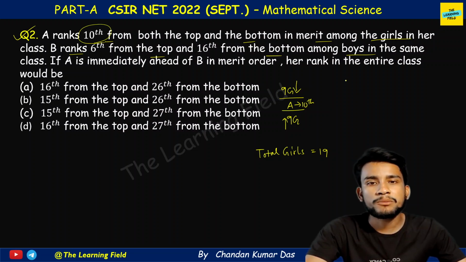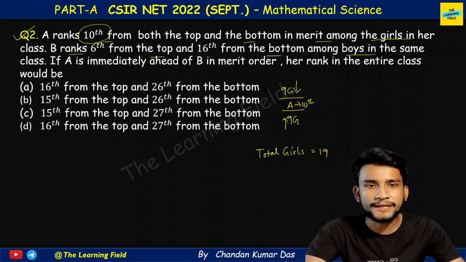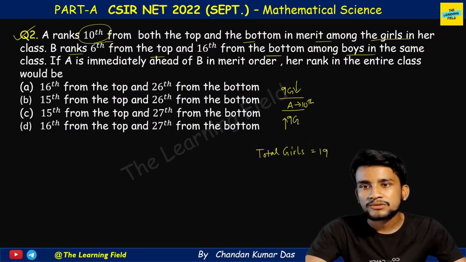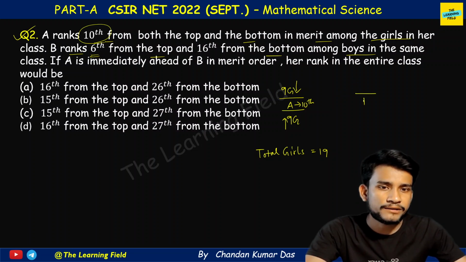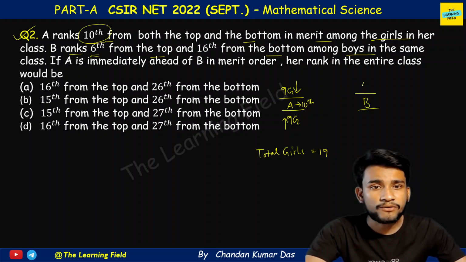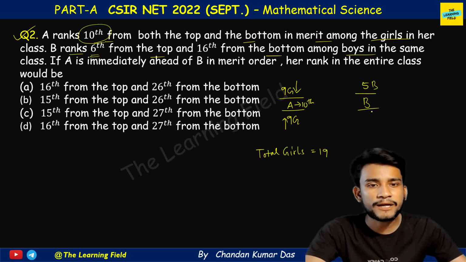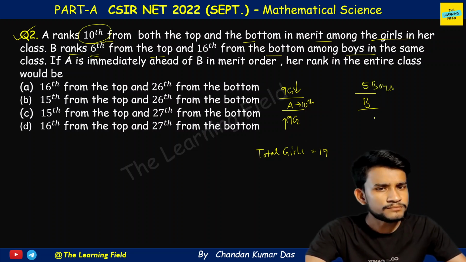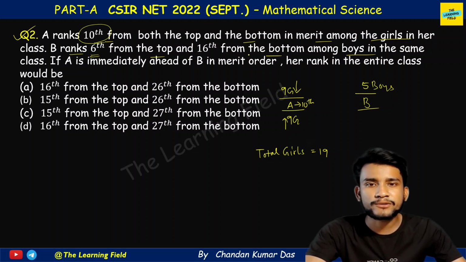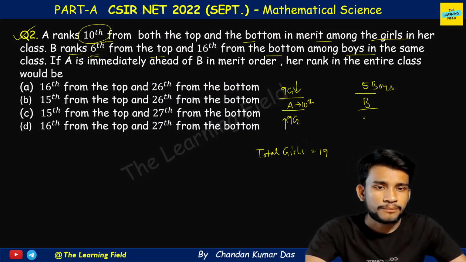Now if we see the rank of B, that is from the boys. B ranks 6th from the top, that means above B there are 5 boys in rank, then B, and then 16th from the bottom, that means after B there are 15 boys.